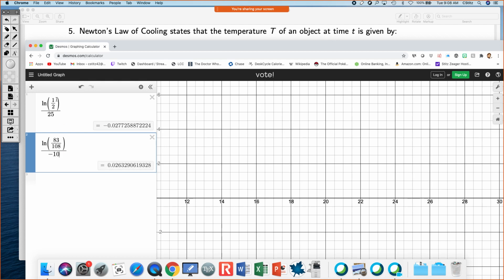So natural log of 83 over 108 divided by negative 10 is 0.0263.